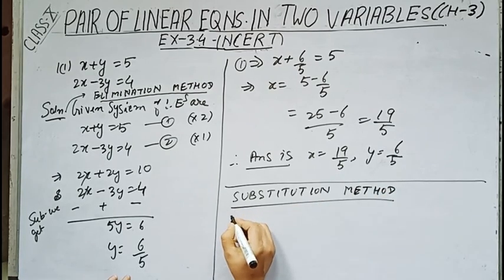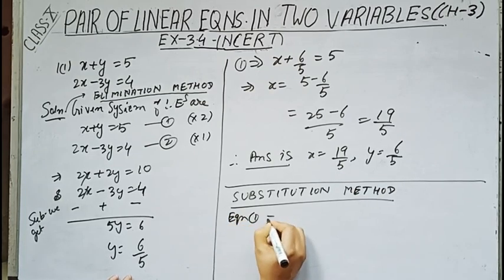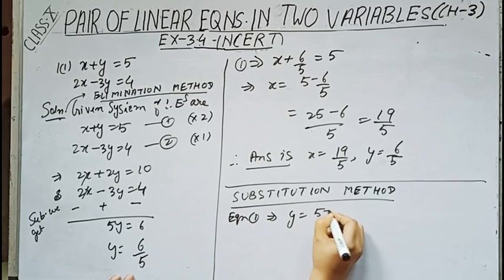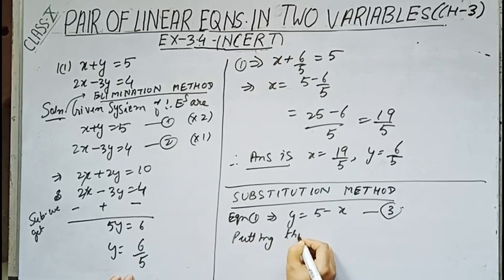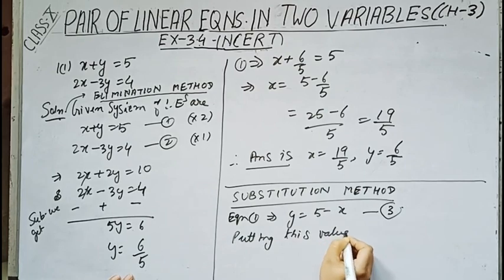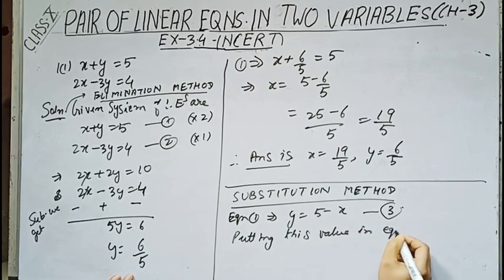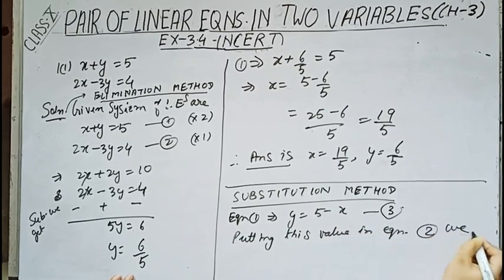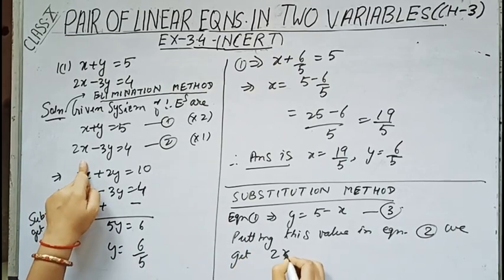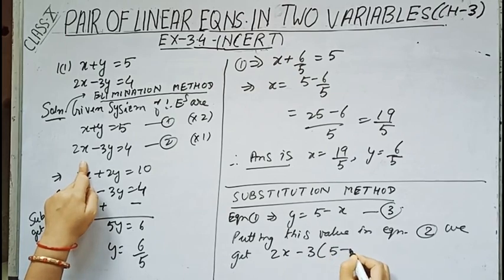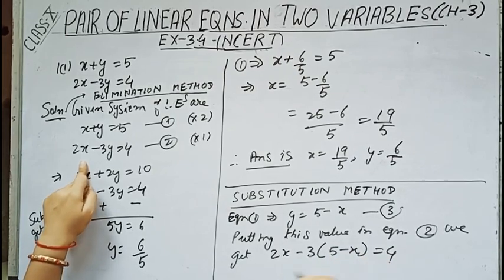Substitution method. Now equation 1 implies y equals 5 minus x. Let us make it equation number 3. Putting this value in equation 2, we get 2x minus 3 into (5 minus x) equals 4.